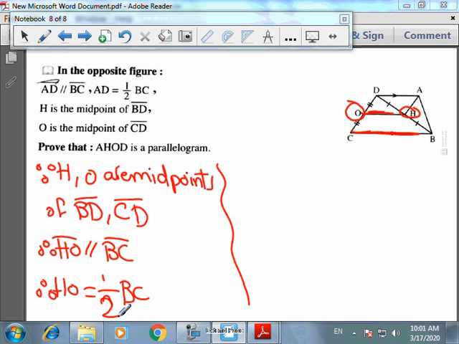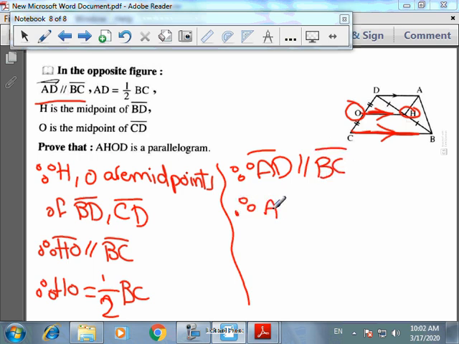So now I know that HO is parallel to BC, but it is given that AD also is parallel to BC. So since AD also is parallel to BC, that means AD must be parallel to HO.